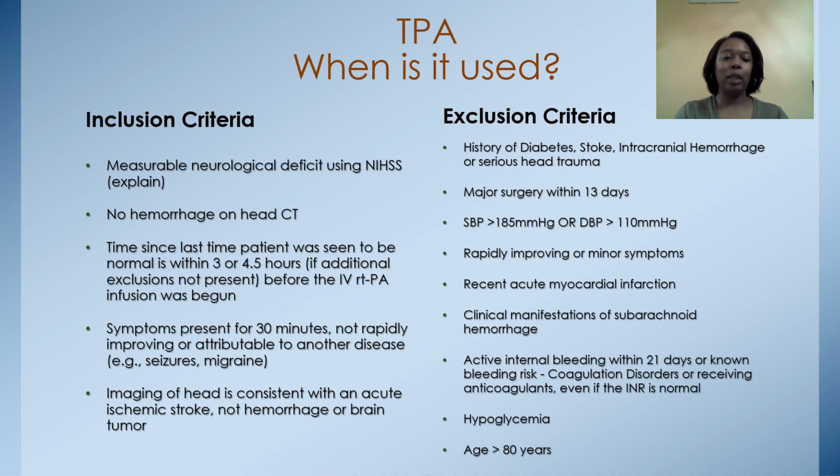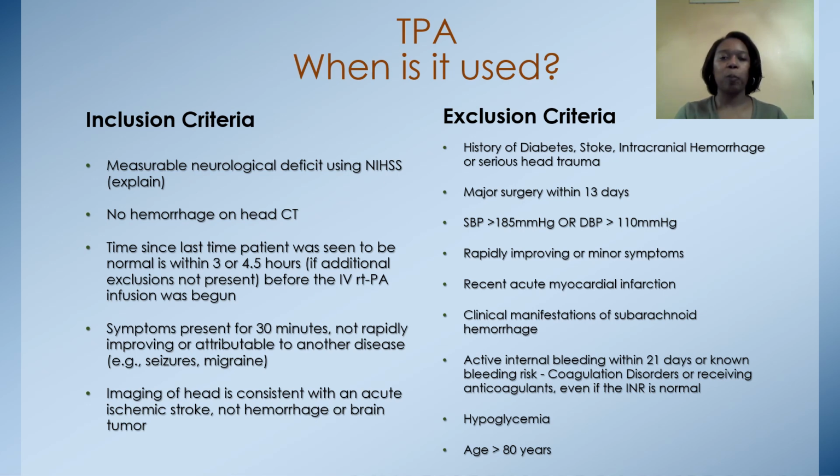Images of the head are consistent with acute ischemic stroke, not a hemorrhagic stroke or brain tumor. So all these criteria are very important when determining if a patient should use TPA.